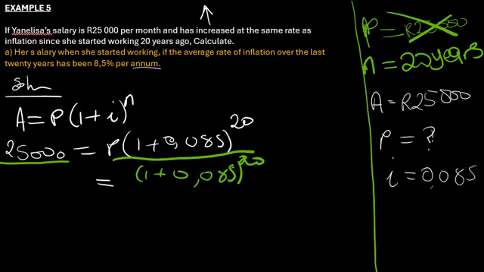This is the same as 1.085 to the power 20 on both sides.